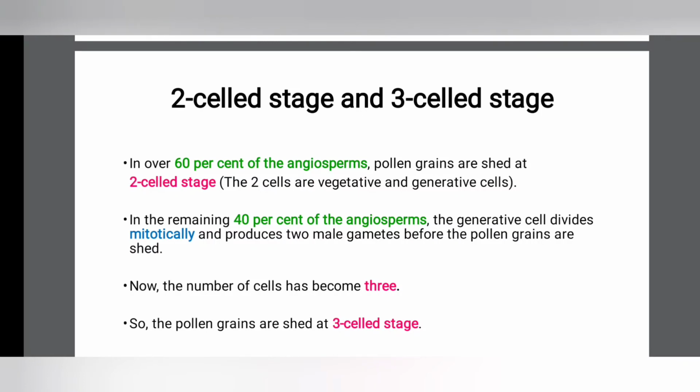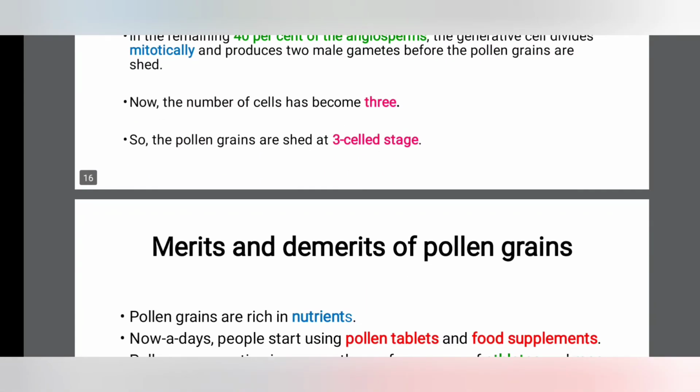That's what is given over here. Now the number of cells has become 3. But in 60% of the angiosperms, they are shed at two-cell stage.